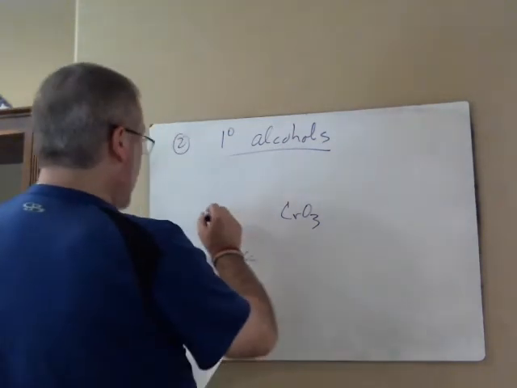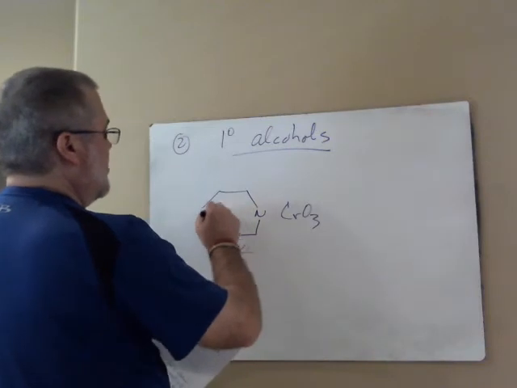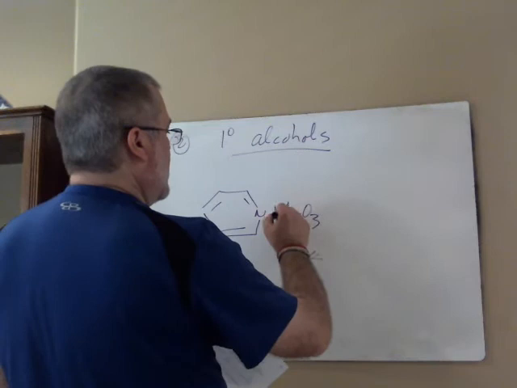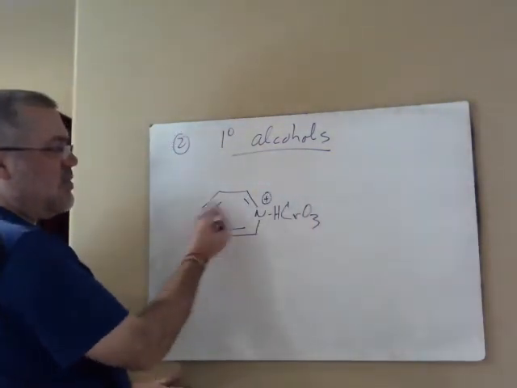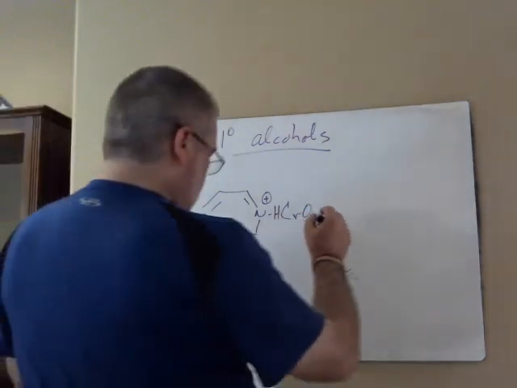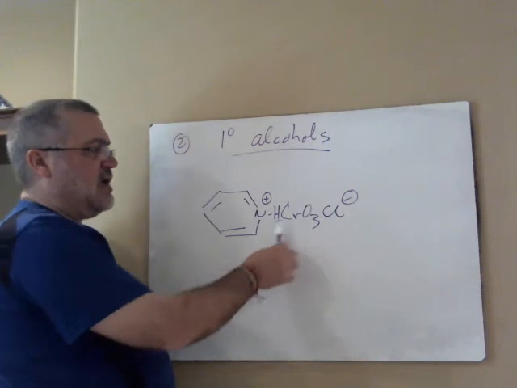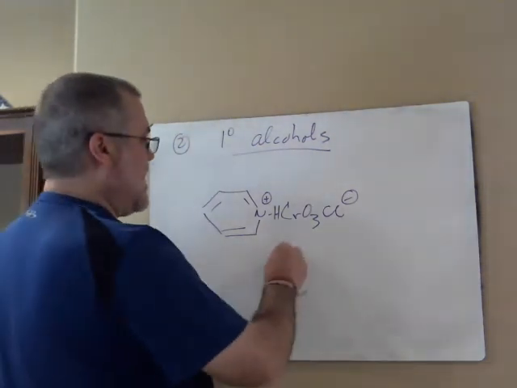And so you have, remember, pyridine is this aromatic ring where a nitrogen has replaced the carbon. And so you have this pyridinium salt where you have a protonated pyridine, and then the counter ion is the chloride, and it kind of makes this chromium trioxide less reactive.